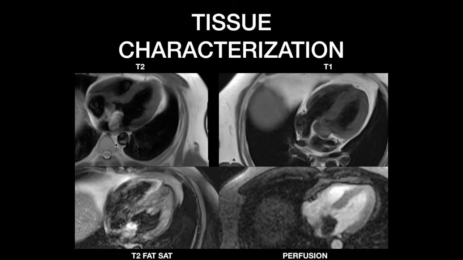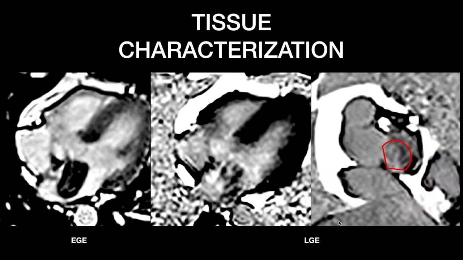It appears mildly hyperintense on T2-weighted images and fat sat images, and it is showing isointensity on T1-weighted images, with dynamic perfusion scan showing mild central patchy enhancement.